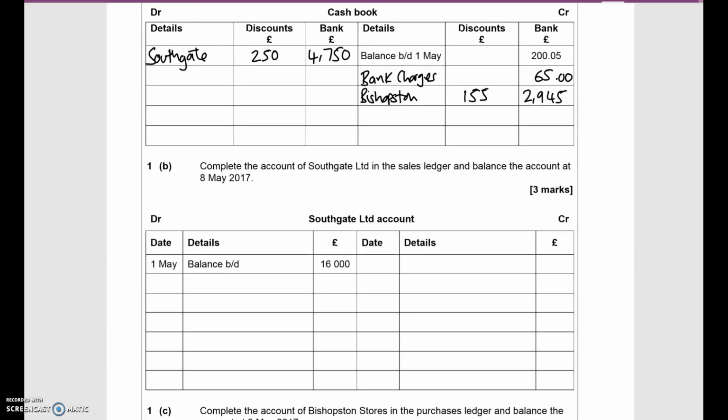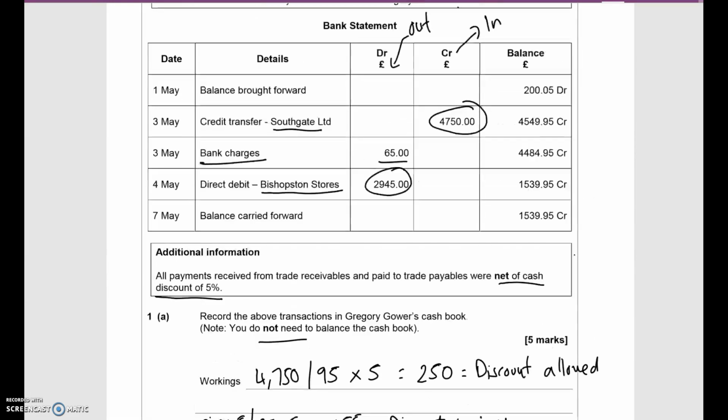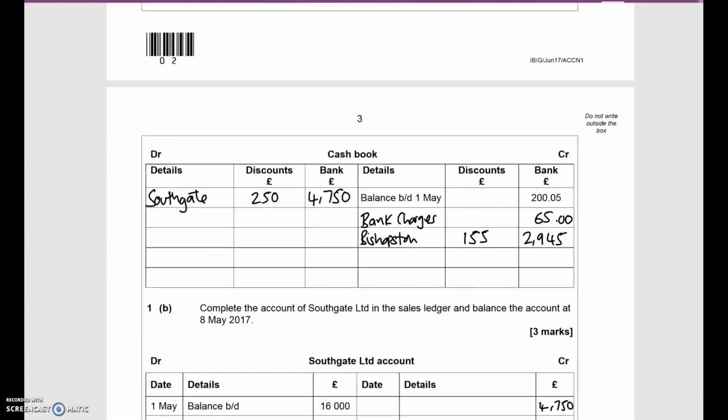Now we are required to transfer the amount onto Southgate Limited's account. So we have to differentiate between the discount and the net value. The net value was 4,750. The discount value was 250. The date will be the same for both of them, which is the 3rd of May.